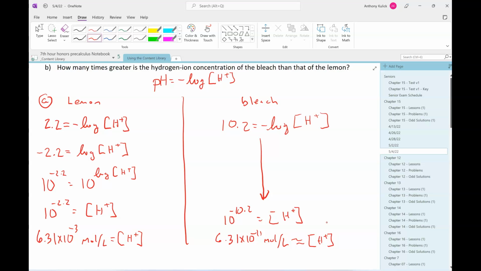In part B, we ask how many times more hydrogen ion concentration does the, well, that's a typo, right? It should be the lemon than that of the bleach. When we ask how many times greater is something, what operation are we really implying there?